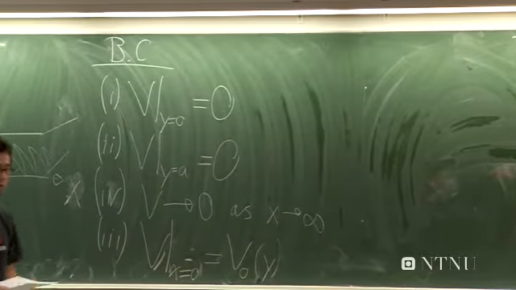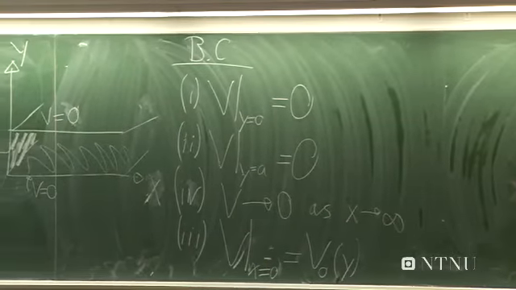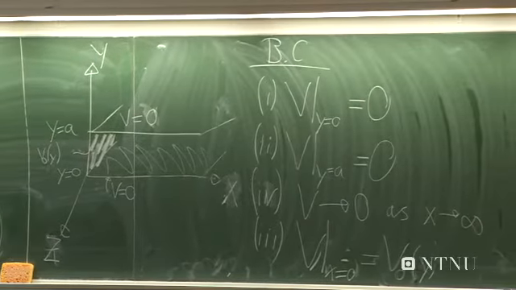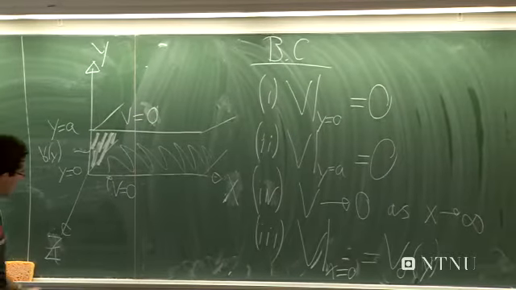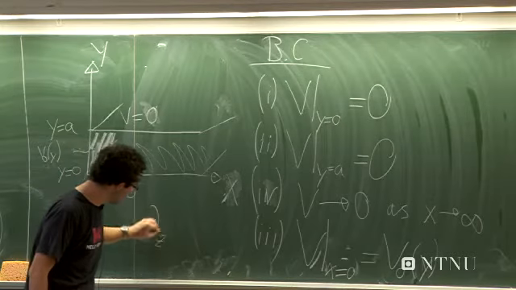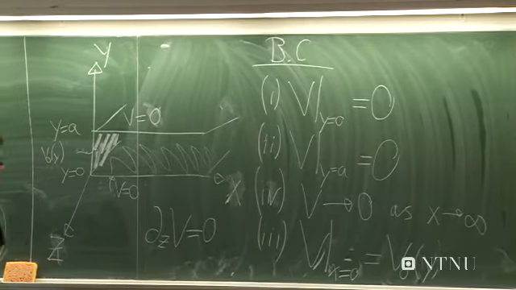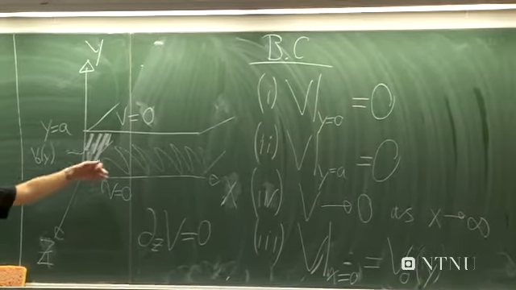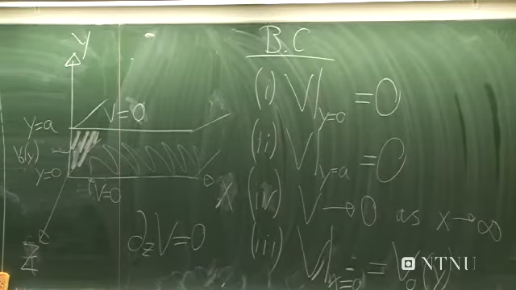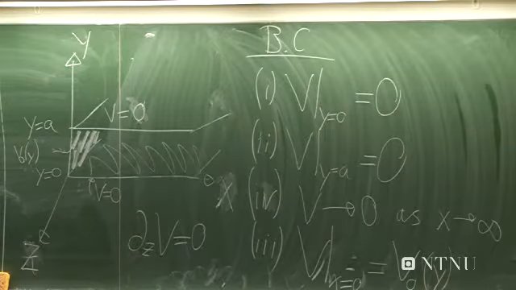And I'm calling it V naught of y. So that's the problem. And also I note, of course, that the z dependence doesn't exist because there's translational symmetry in this direction. So there's no z derivative of the potential.